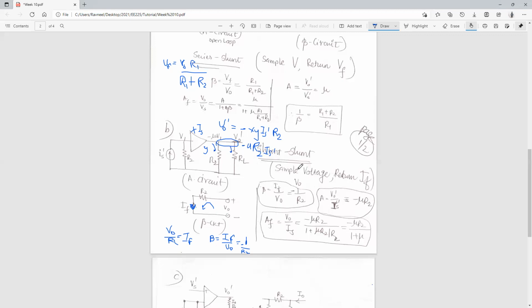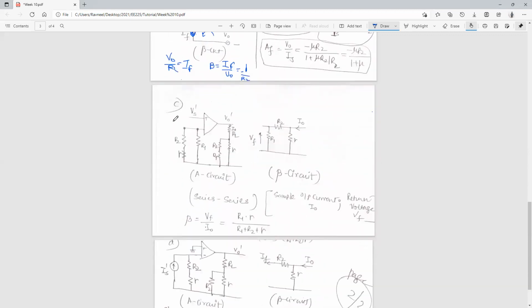You can also represent it in terms of RL as well. It can vary, and you can say there's some multiplication factor across this. So you get the fair idea that the open loop gain can be written in multiple ways. We are just interested in the feedback gain over here, that is negative 1 upon R2.